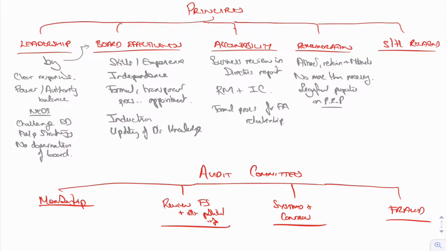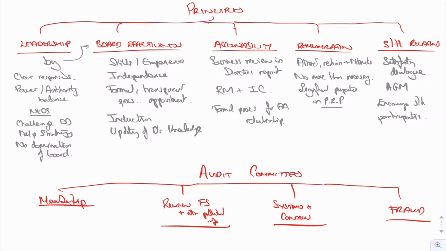Talking of that then, shareholder relationships, you need a satisfactory dialogue. They need to know what's going on, not too much, satisfactory for them. Obviously, one of the main ways you're going to talk to them is at the annual general meeting, but you must always encourage shareholder participation. It is their company after all.